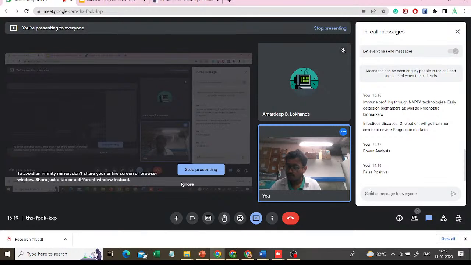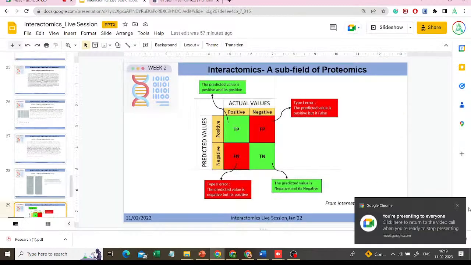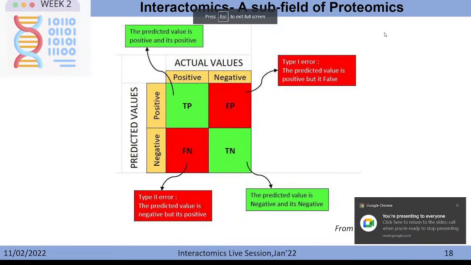So one can get different false positives, so that needs to be validated. So here check the actual values and your predictive values.